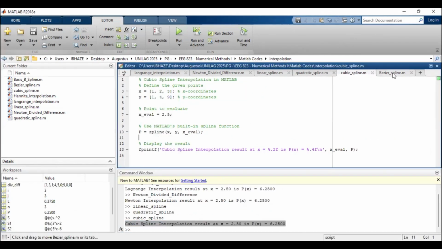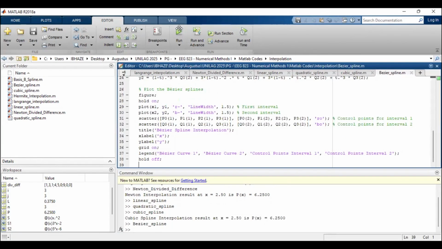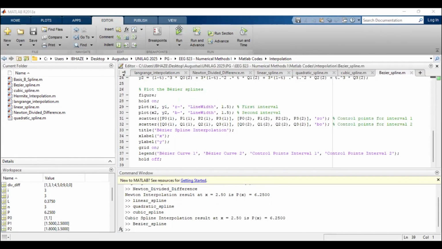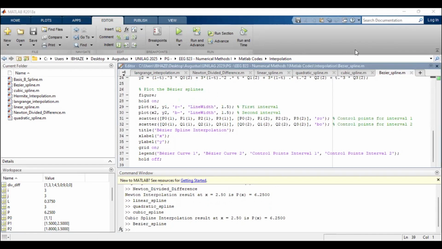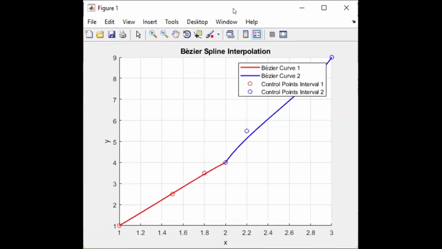And then we have the Bezier spline. For the Bezier spline, let me pull up the graph. Let's show that. There's my share. So this is what we got for the Bezier spline interpolation. Okay, so it gives an approximation, but close to some linear representation.